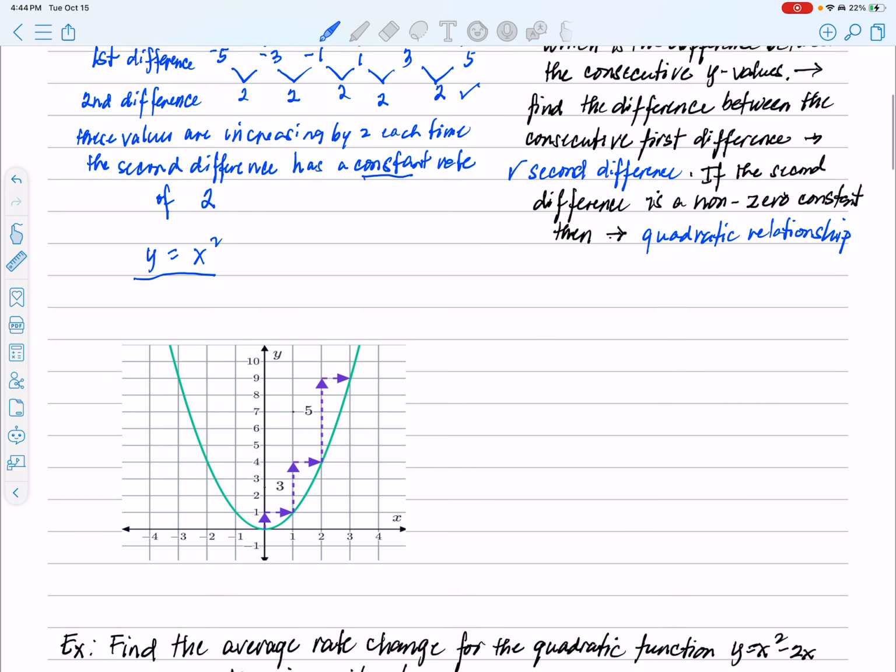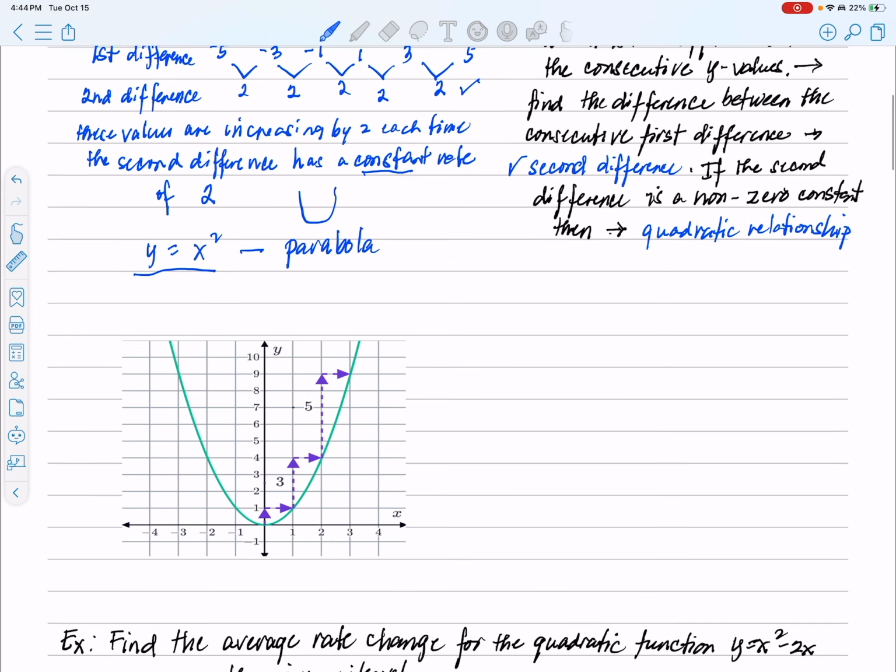If you can see here, it's facing up, and we come up with a parabola. I hope you remember this from your Algebra 2. We'll be doing more on this later.